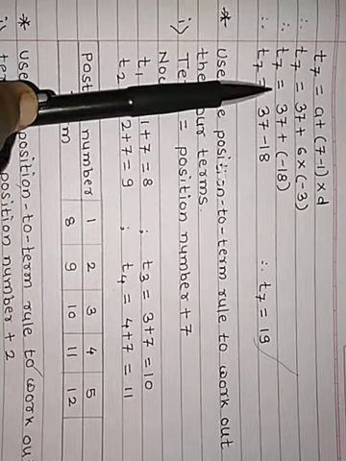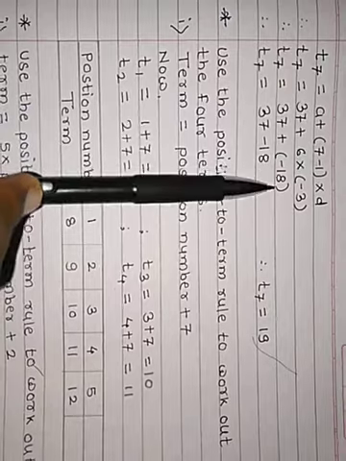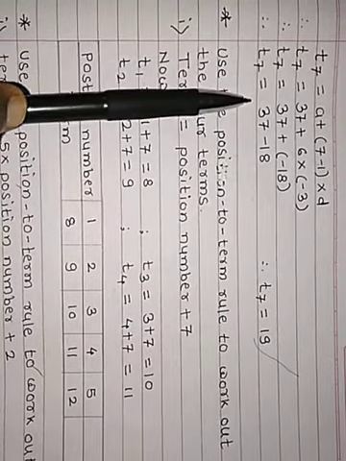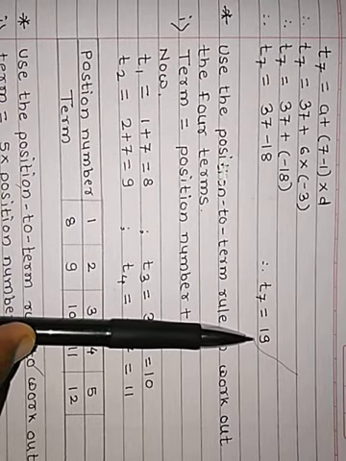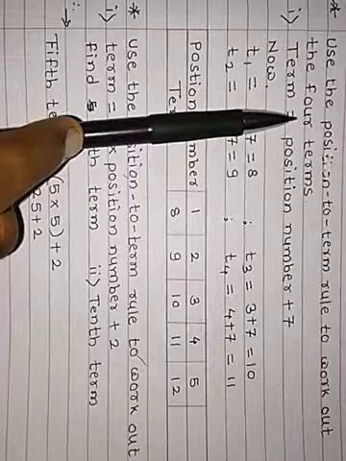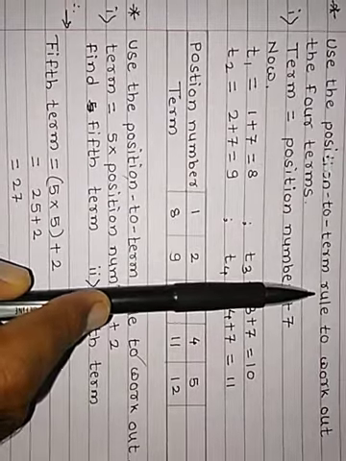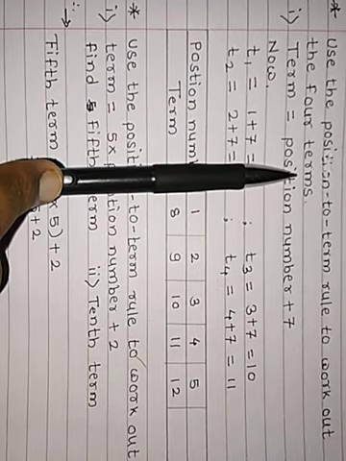Therefore, the 7th term equals 37 plus 6 into minus 3, that will be minus 18. Now, the 7th term equals 37 minus 18, which will be how much? 19. Okay.